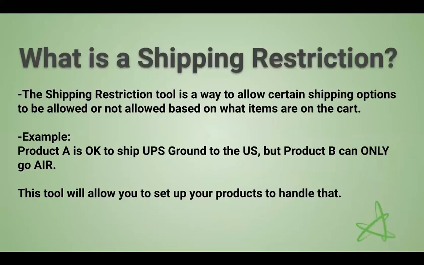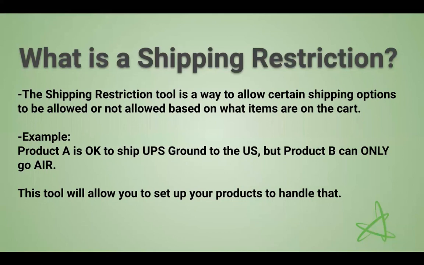But to get started, let's define what shipping restrictions actually are. The tool that we have built in is a way to take all the shipping options that you've created, whether you just have one shipping zone for the entire world, or if you break it down into 4 or 5 different zones, one for the United States, one for outside of the United States, one for Alaska and Hawaii, or however you do it.